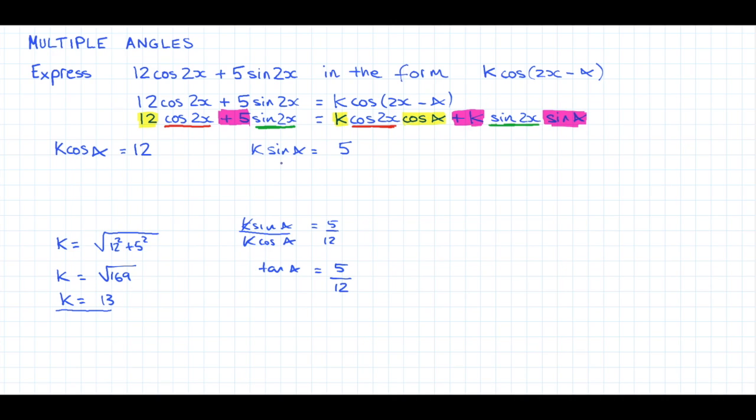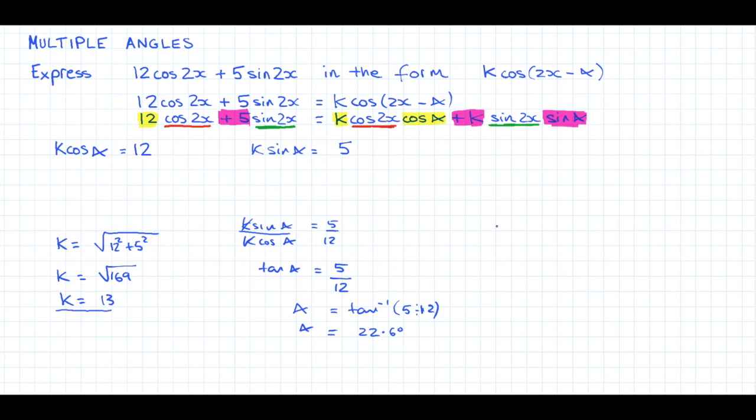Cosine is positive and the sine is positive and the tan is positive. So it's the first quadrant. We don't have any complication there. So alpha is equal to the inverse tan of 5 divided by 12. It's not an exact value, so we plug that into our calculator and we would get alpha is equal to 22.6.